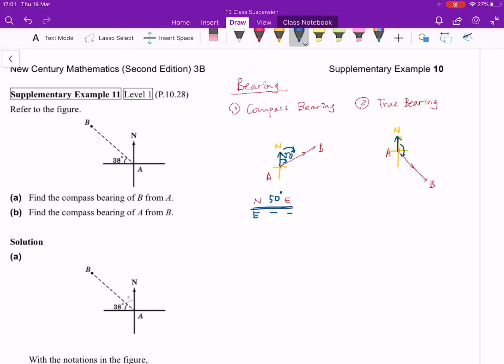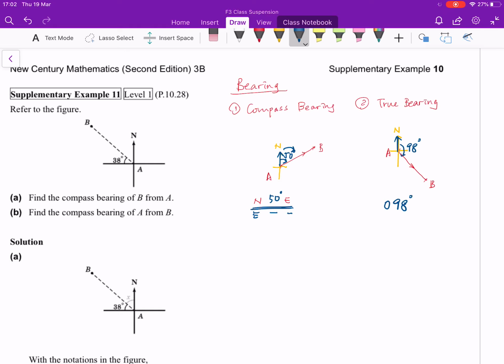And then the angle you turned, for example, if this one is, let's say, 98 degrees, then the true bearing of B from A will be 098, with one more zero before it.